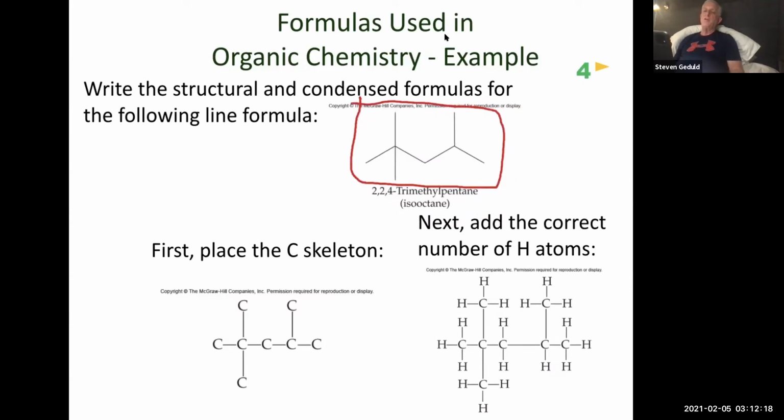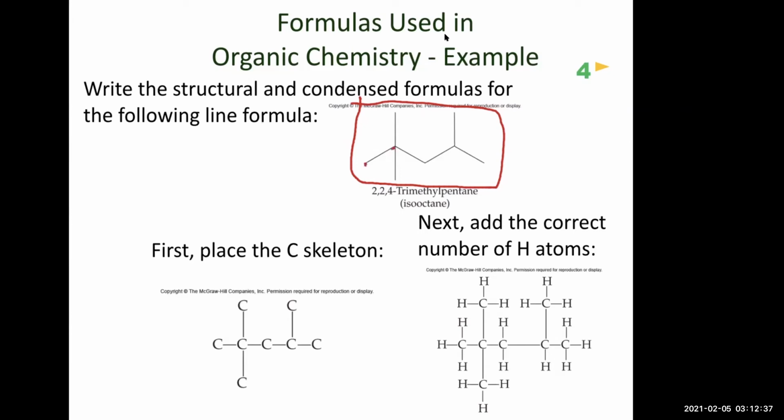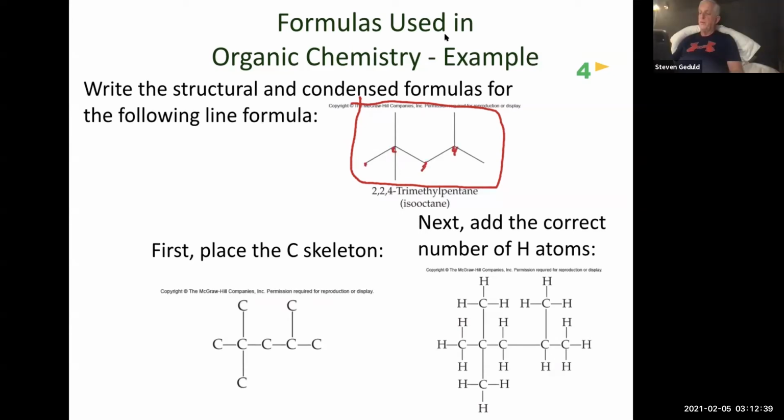How many carbons are in that line structure? Nobody wants to guess? 8. Perfect. There's 1, 2, 3, 4, 5, 6, 7, 8.